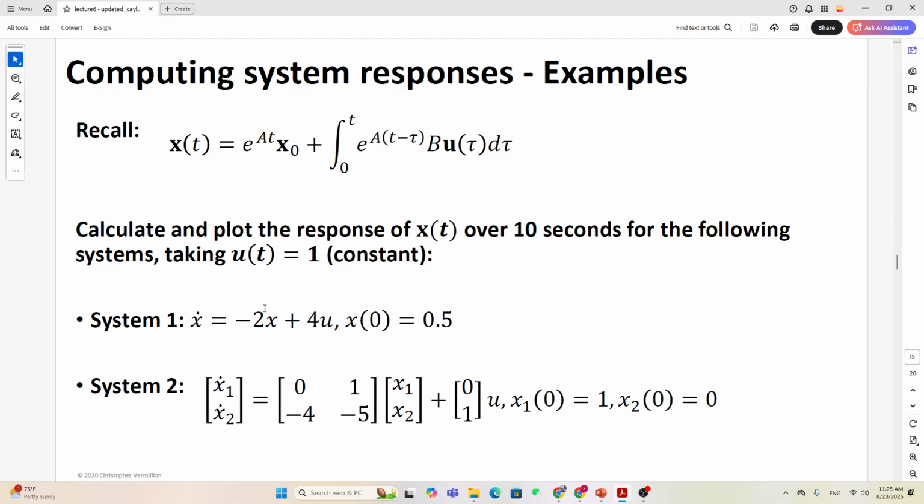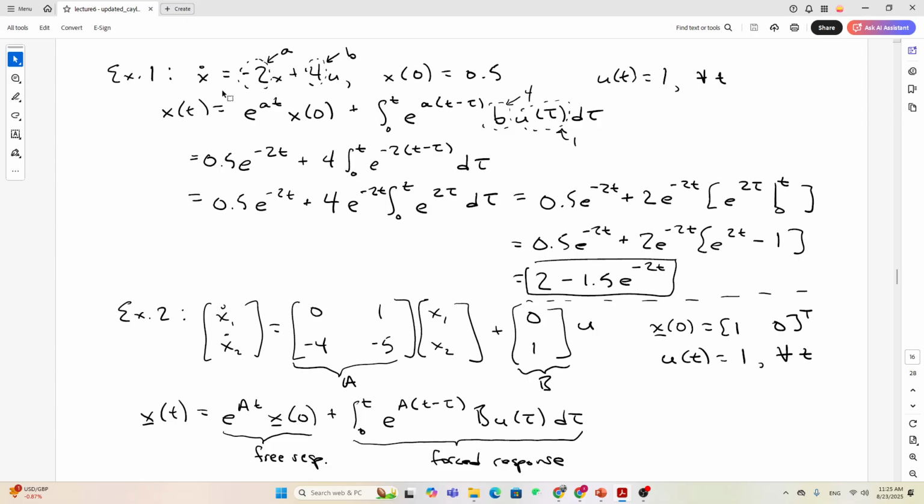So small letter a equals minus 2, small letter b equals 4. Let's use this equation, starting from system 1 or example 1. If you look at it, you will realize our initial condition that we defined as 0.5, we can also substitute into this formula. A is minus 2, as we already saw.